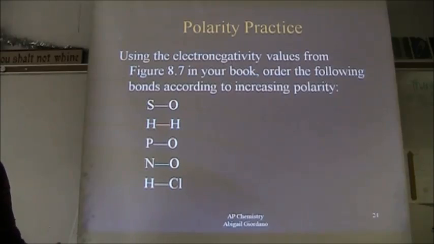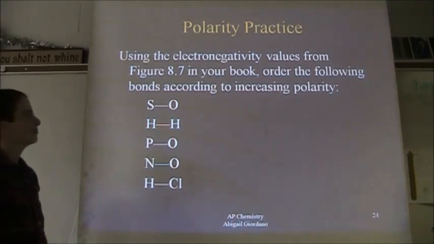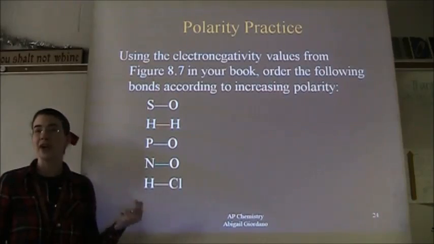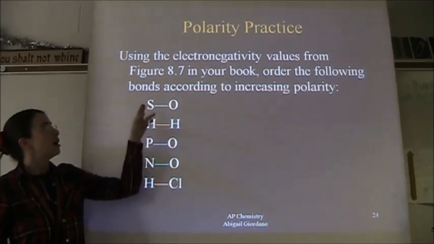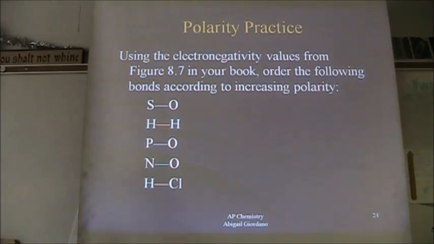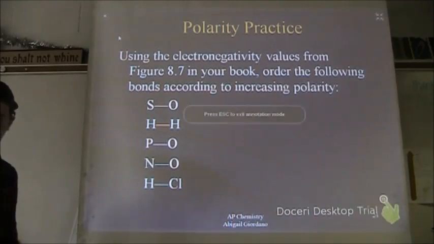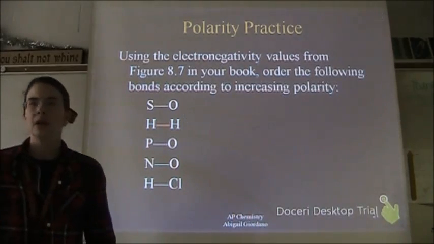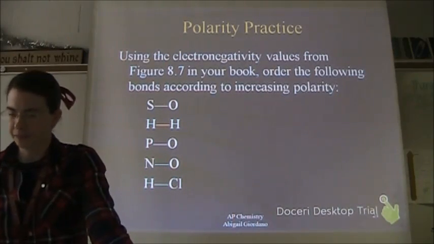So this is the last thing we're doing. Use those numbers. This is very quick. It says put these bonds in order of increasing polarity. So the least polar to the most polar. Go. Okay, this is quick.